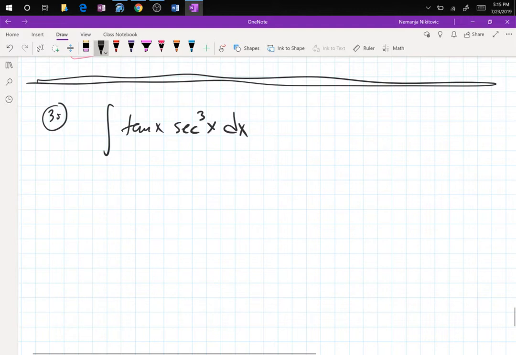Any ideas? Split one secant, and then what? Yes, split one secant off and then use sub immediately. Split one secant and use sub immediately.